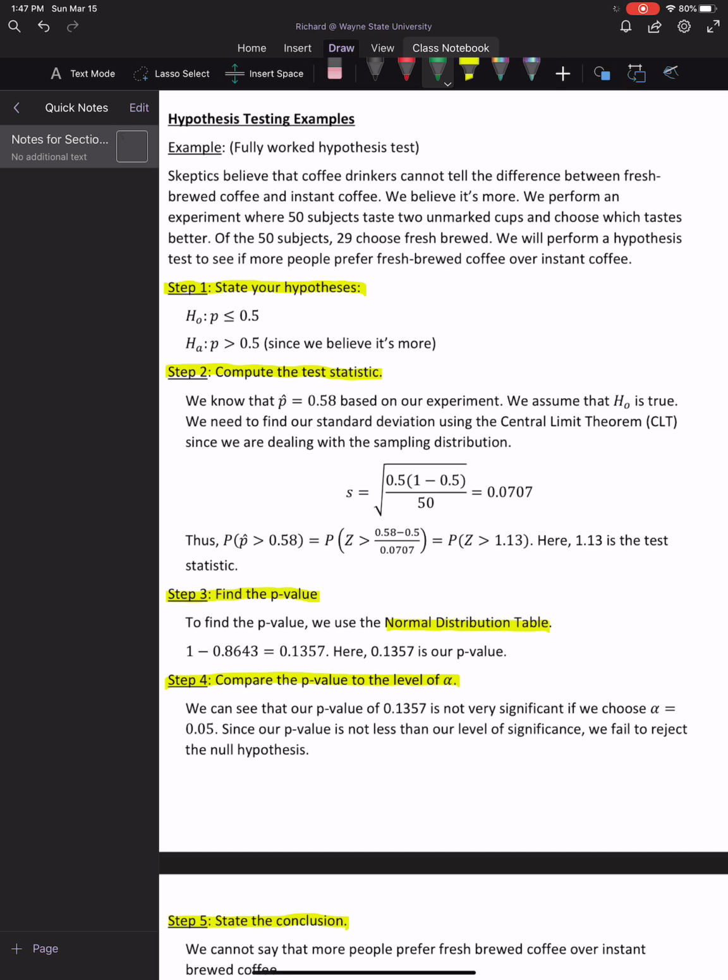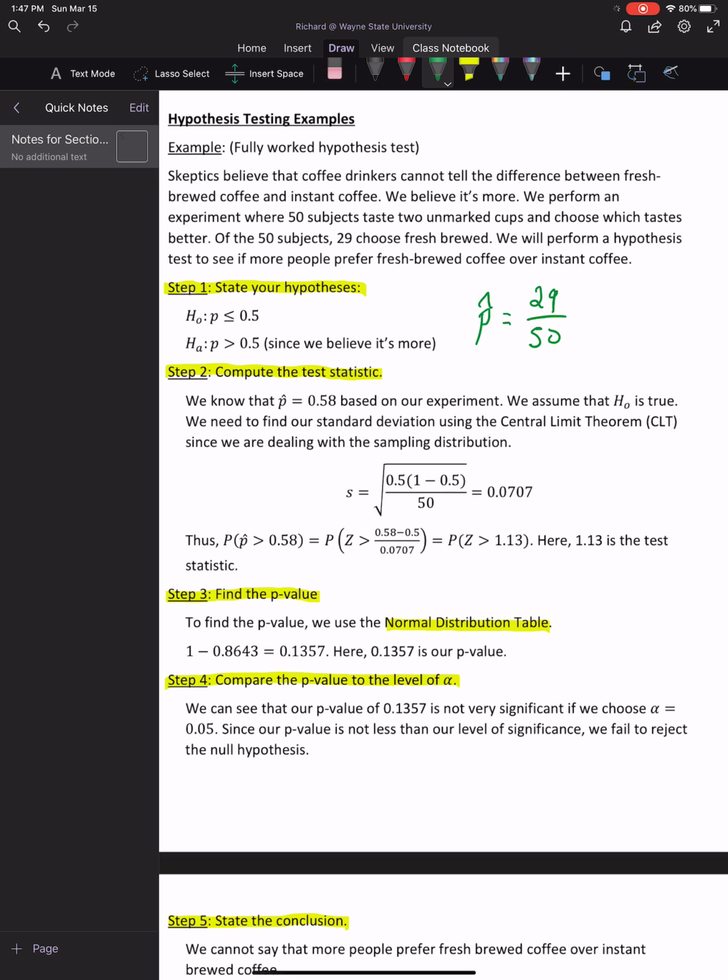Now, to get the test statistic, what I want to make sure we really understand is that we have a statistic that we have been given. It says we know that p hat is 0.58. Now everybody says, where did we get 0.58? Well, p hat in this case is 29 over 50.